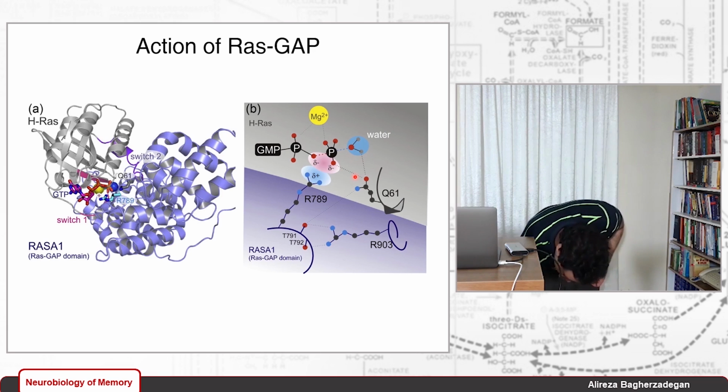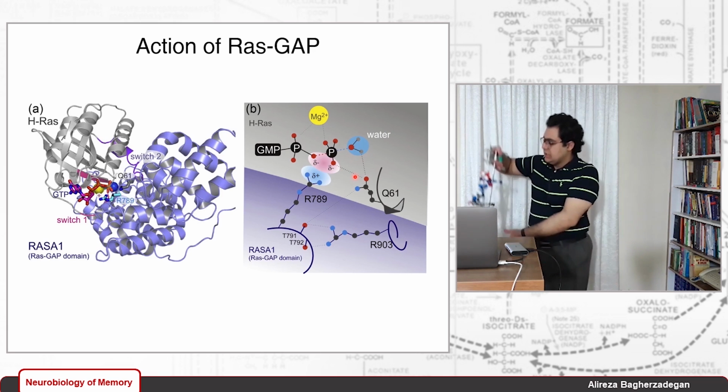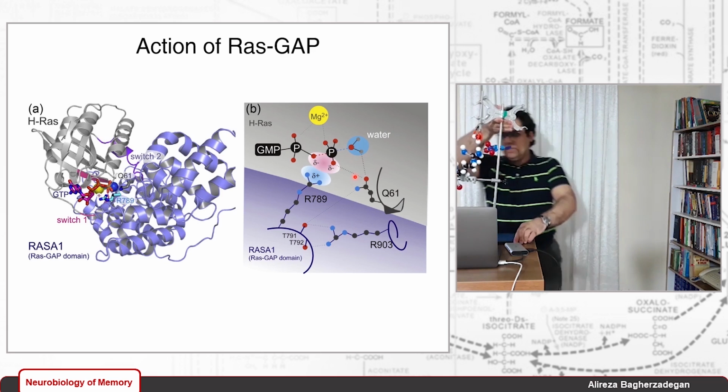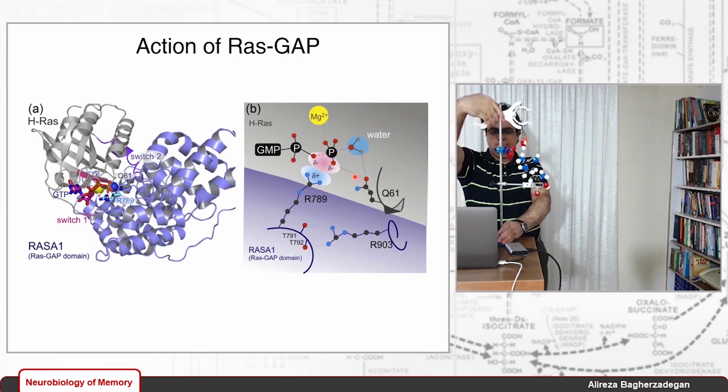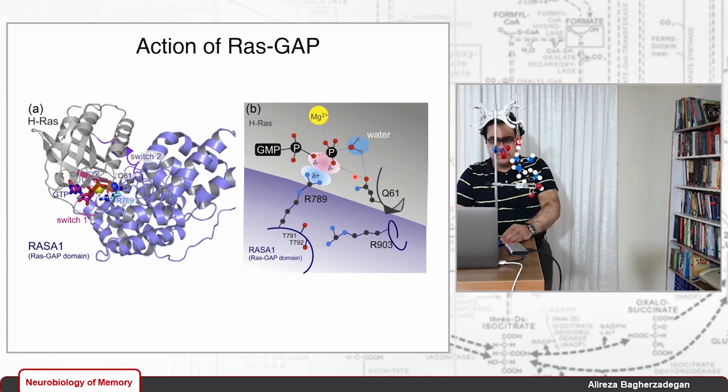I made a small model of that to show you the exact mechanism. I hope you can see that.